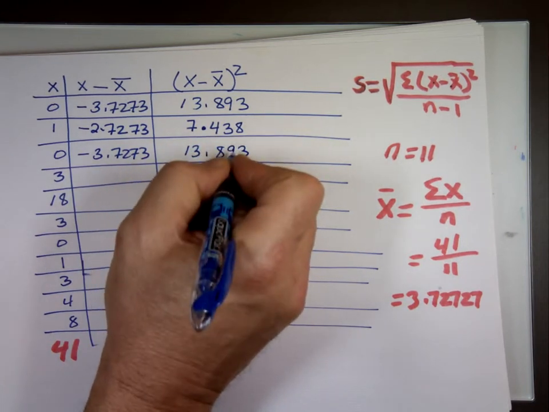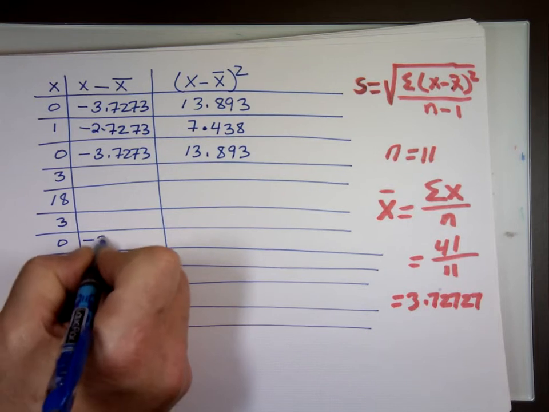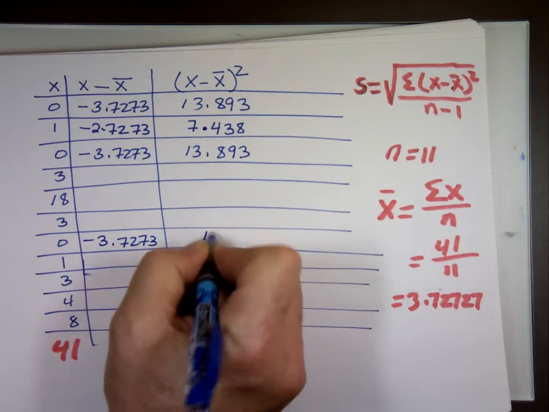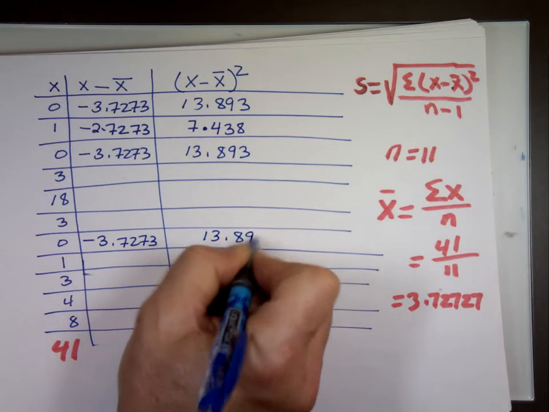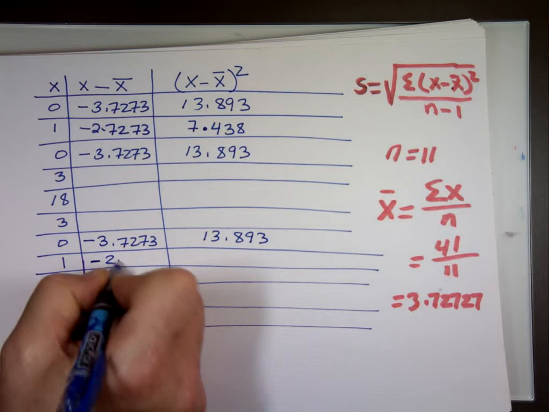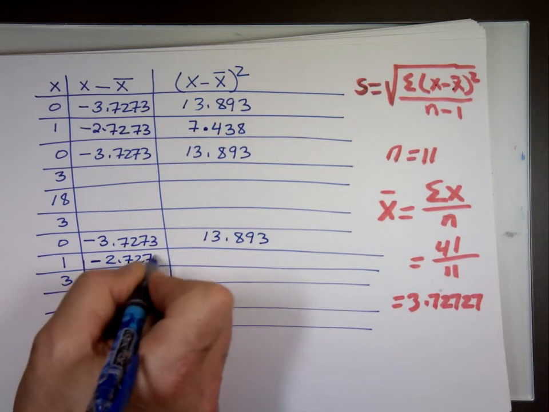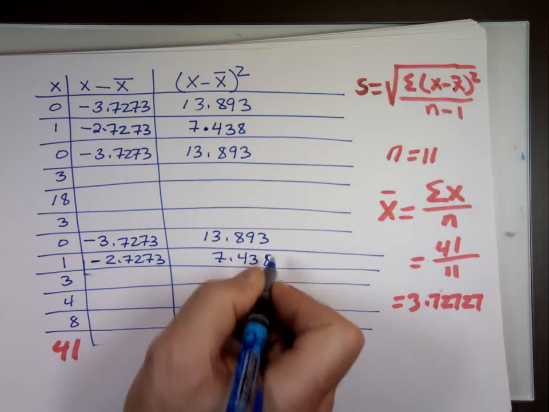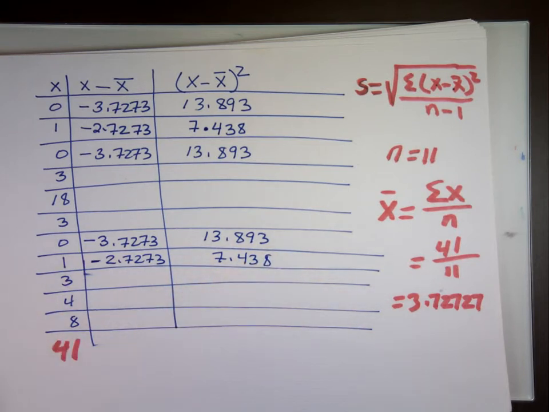I'll go to the zeros. I see the 1. I'll just put in what we know. Now let's take the 3. I got 3 of them. That's good. 3 minus 3.7273.